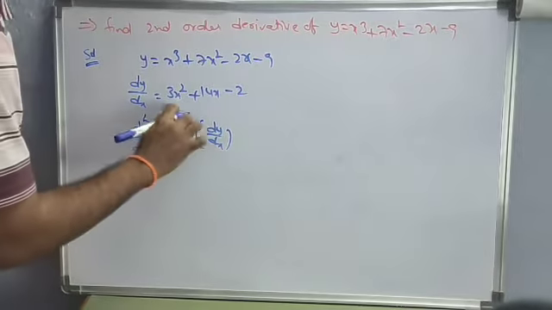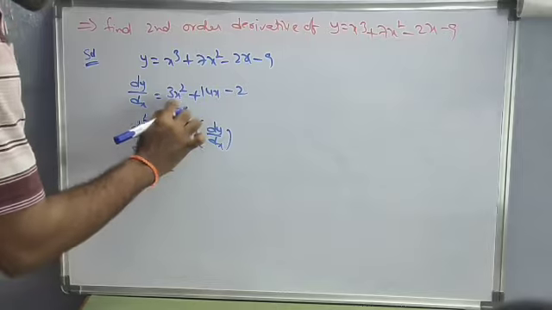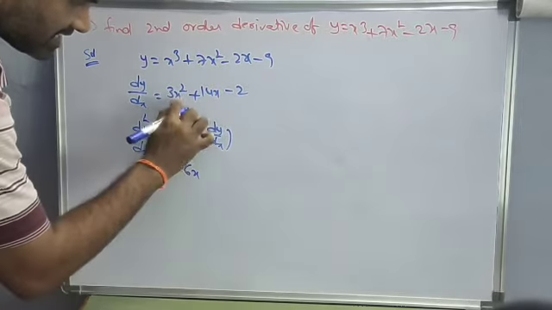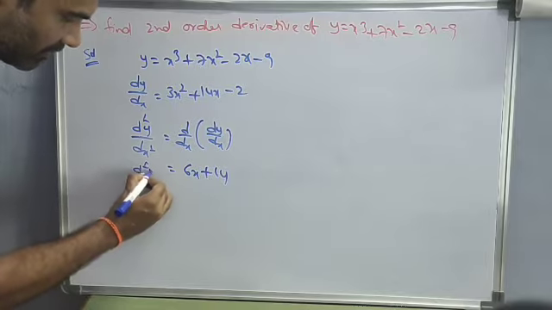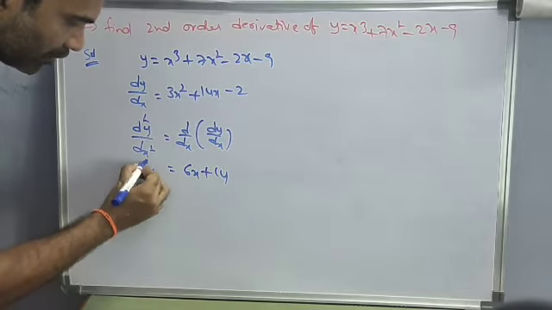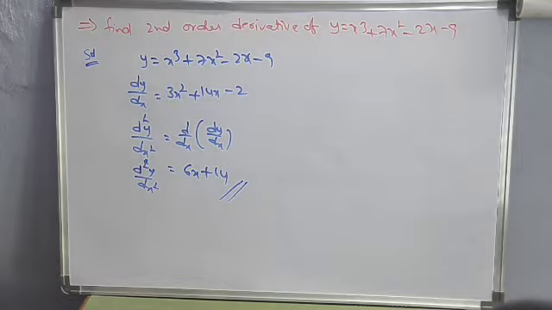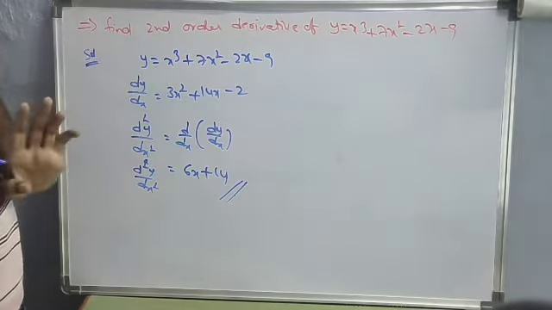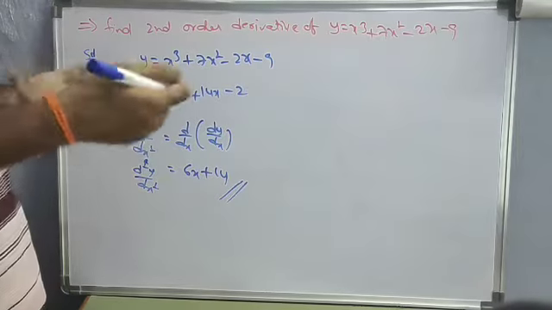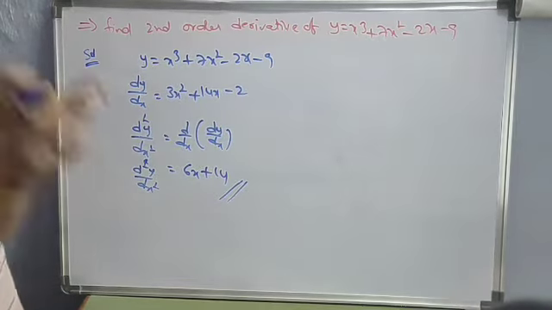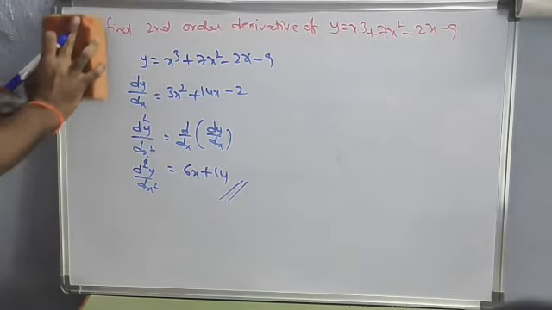The dy by dx function is this one; we differentiate again. So we get 6x plus 14. This is the d square y by dx square value, the second order derivative of the given function. Understand? Very simple. If we have a good idea of differentiation, we can do the second order derivative also. Understand? Right.